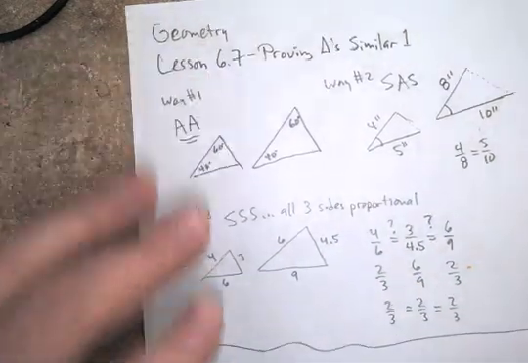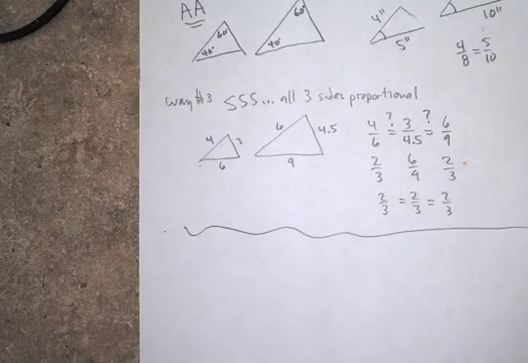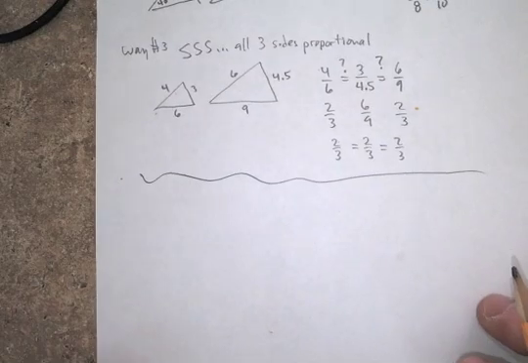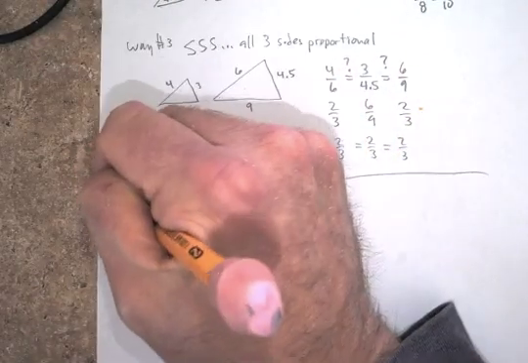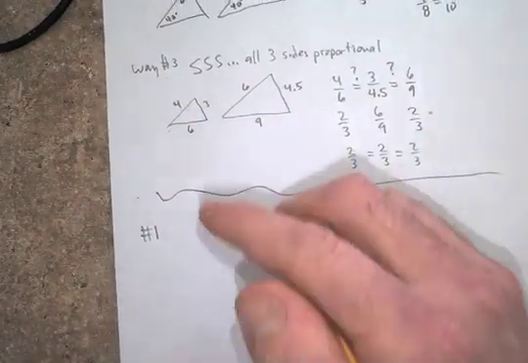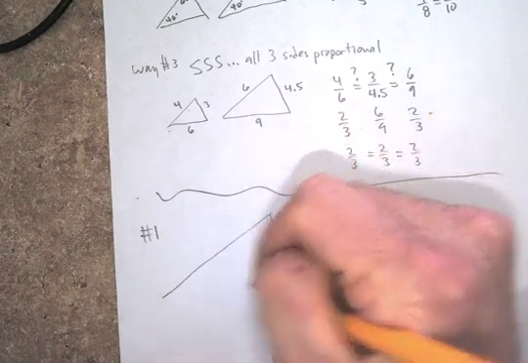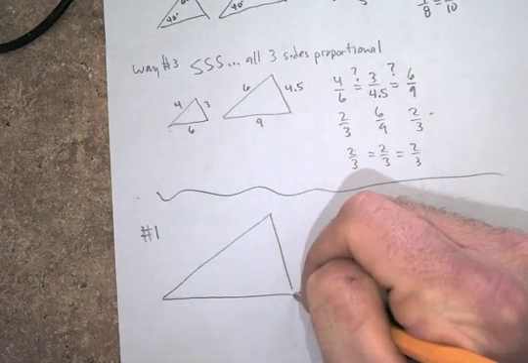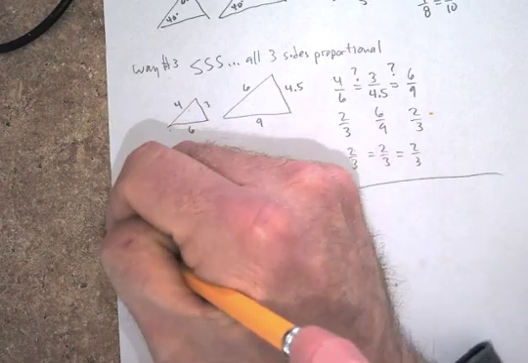Okay, so that's the basic idea. We'll do a couple examples, and you guys have to do a few on your own here. So, number 1. Let's say we've got this scenario. This is example number 1.